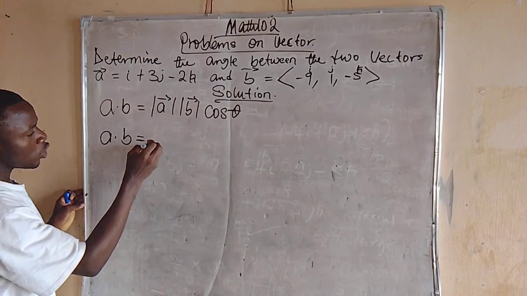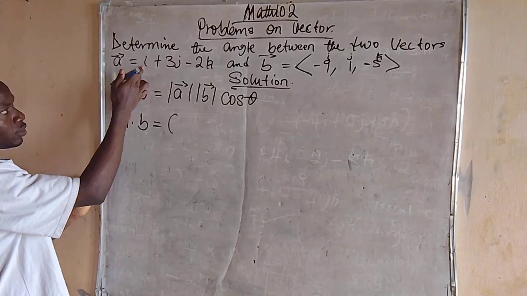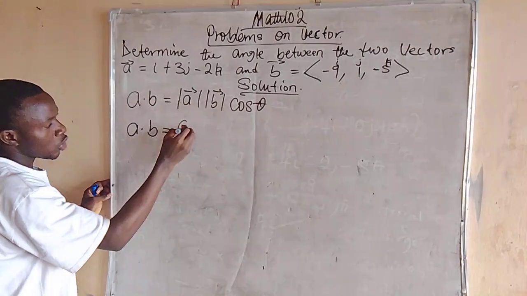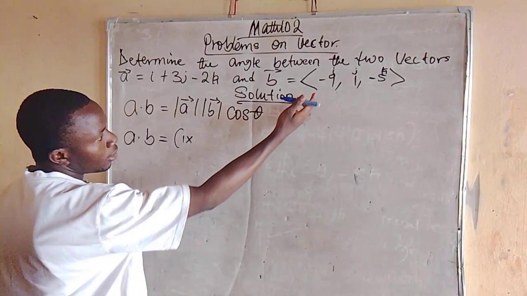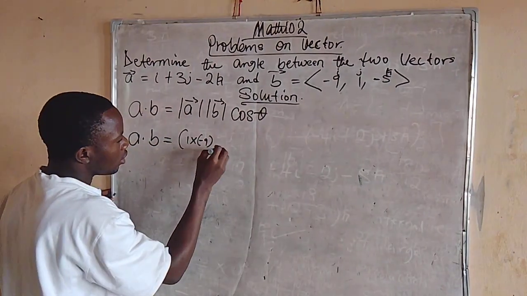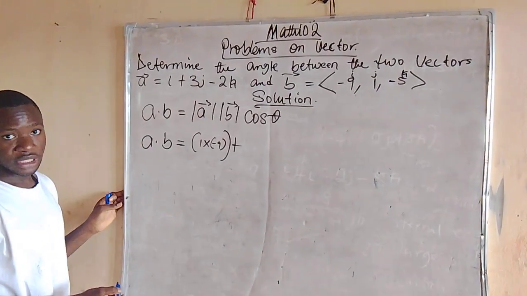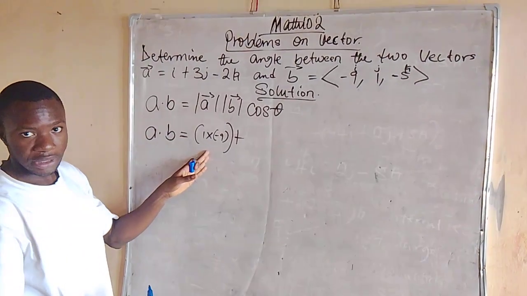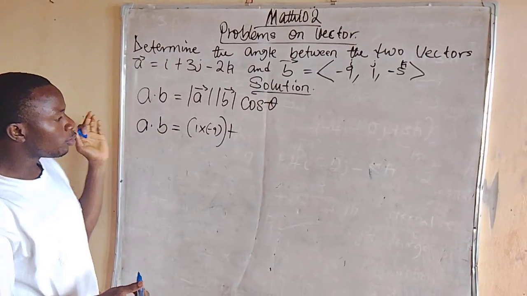So this is going to be equal to: the value of A for the i component is 1, multiplied by minus 9. So we have 1 times minus 9, and then we close the bracket, plus. We are done with the i component.